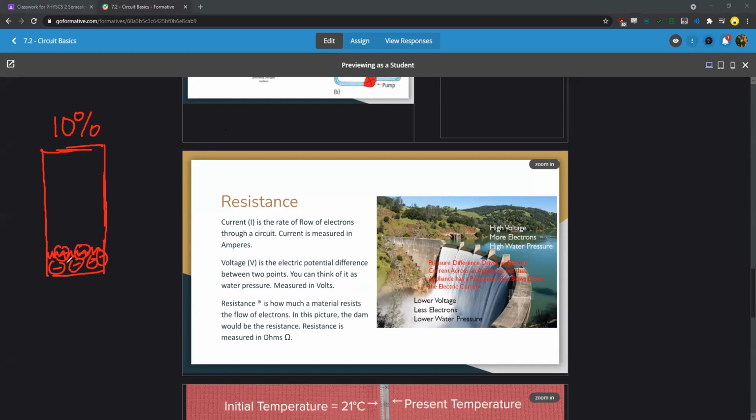So let's say you have 10% battery left and that many electrons left over, and let's say the voltage is 10 volts. I'm just going to match the percentage to the voltage, which makes it easy.